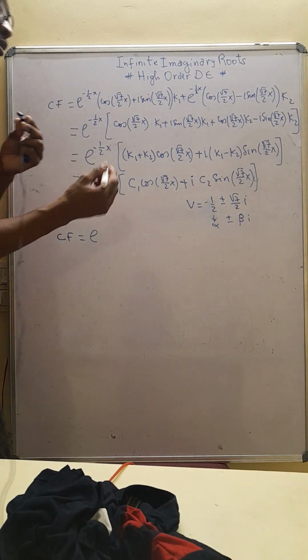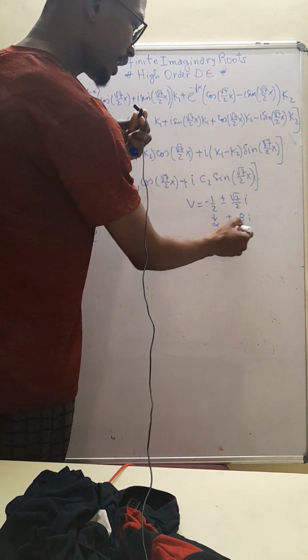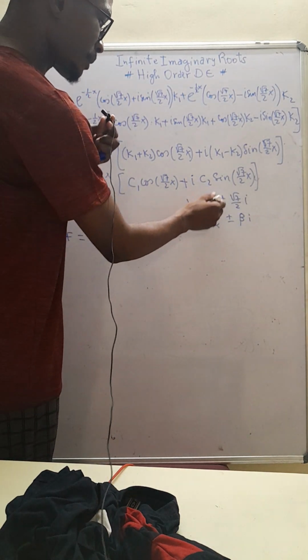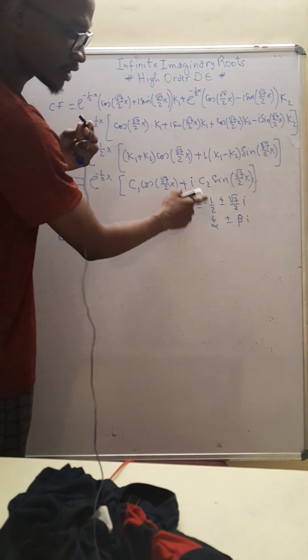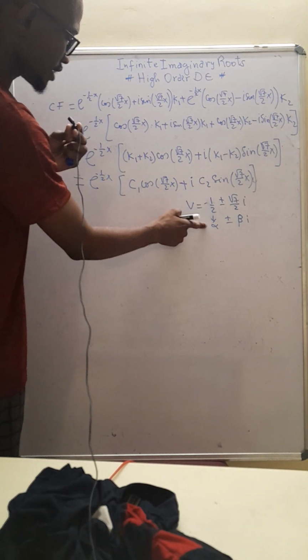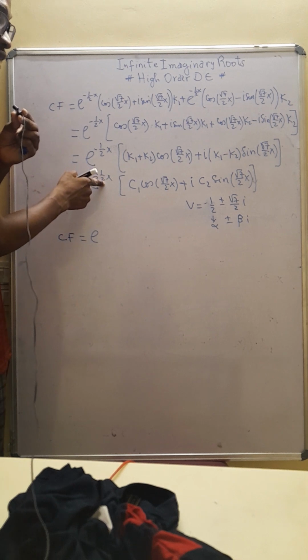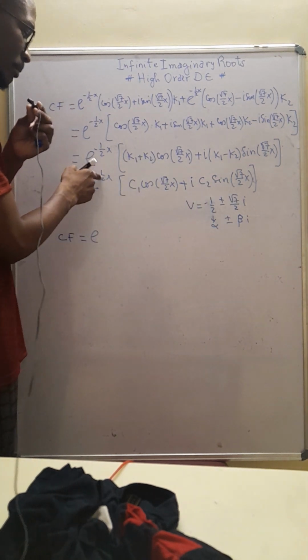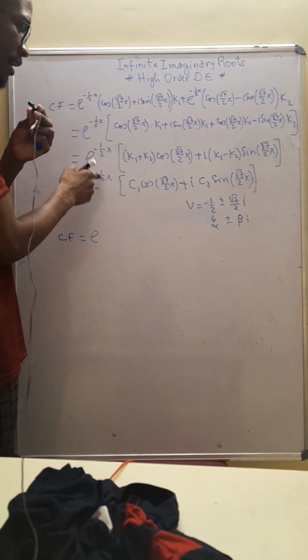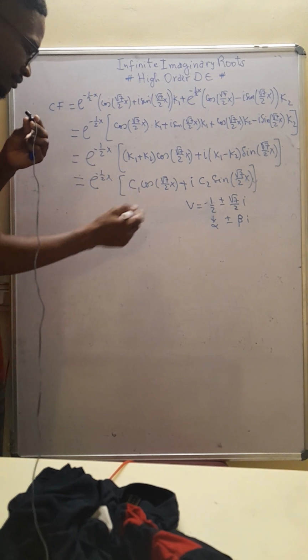Okay? So this is what you're going to do. See, this part is your real number. You put the real part of the imaginary number solution you got here.